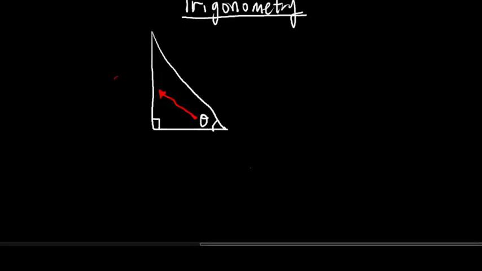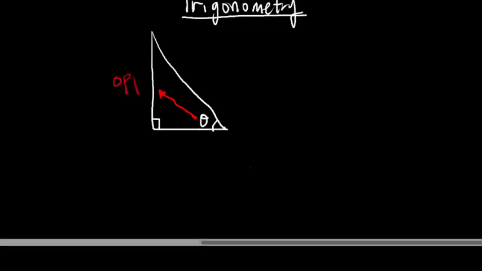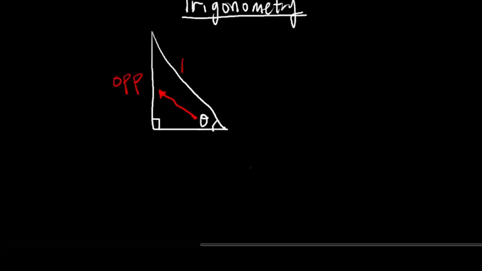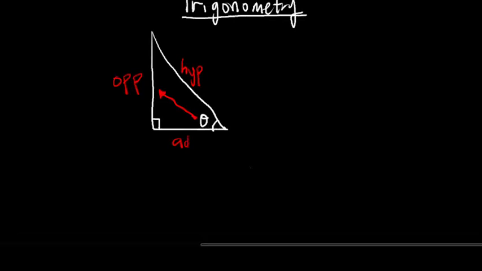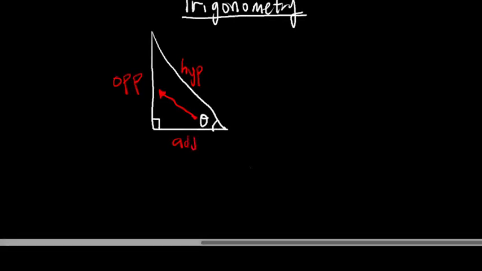Where my angle is facing is called opposite. If you look at these three sides now, the longest side is this side. The longest side is called hypotenuse, and the last one here is called the adjacent. Let me just call it ADJ, adjacent. So we have opposite, we have hypotenuse.